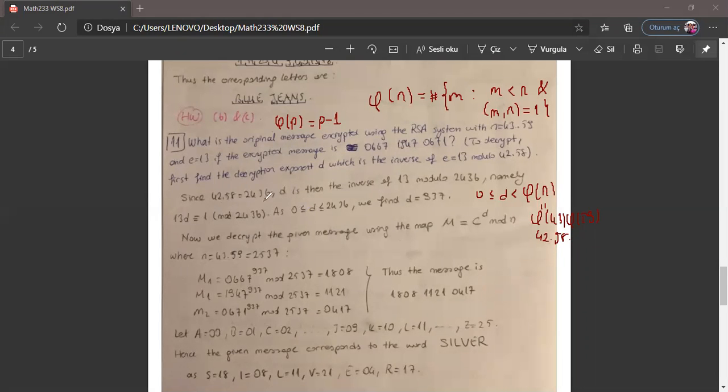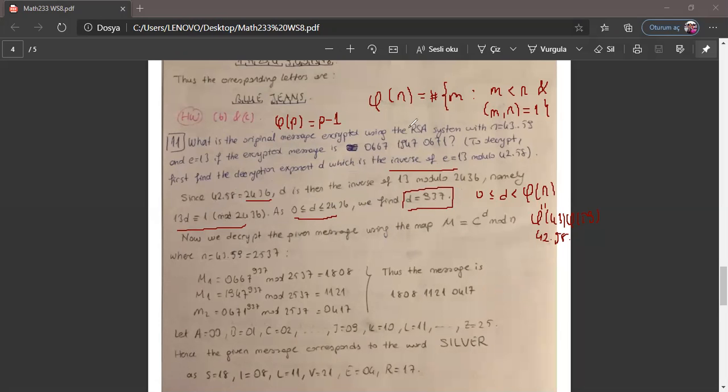Okay, here we have. So this should be in this interval, and also it should be the modular inverse of E, so it should satisfy this. Now if you use both of these equations, you obtain that D should be this number.